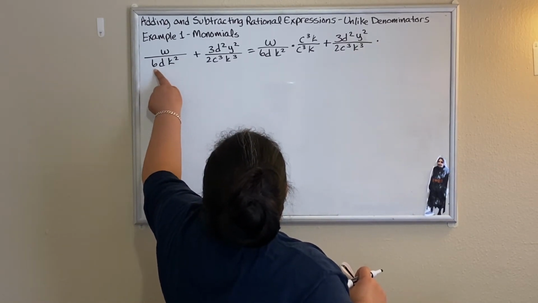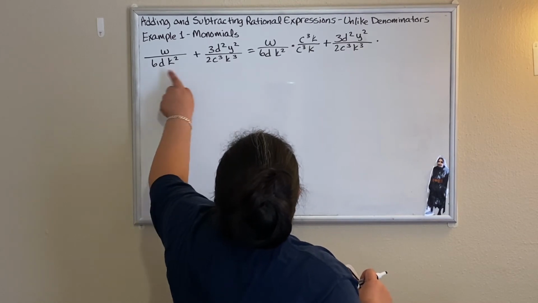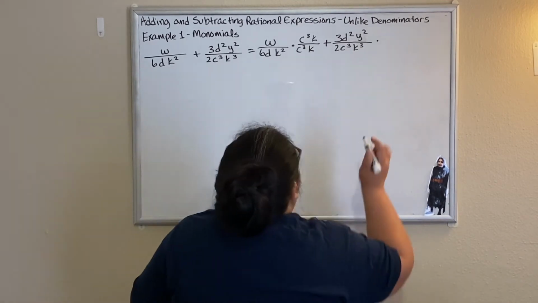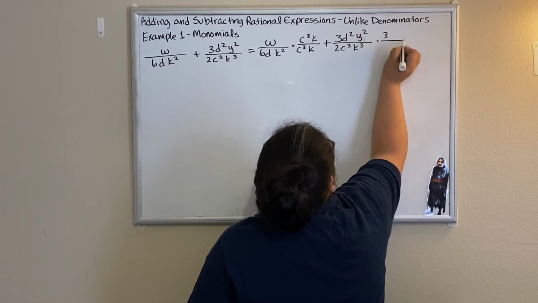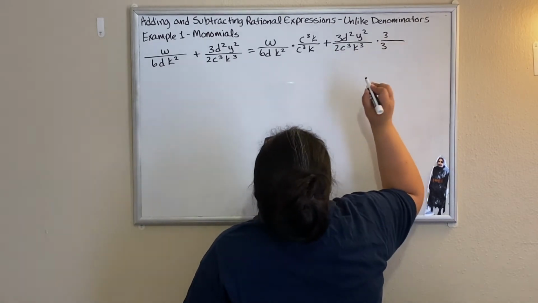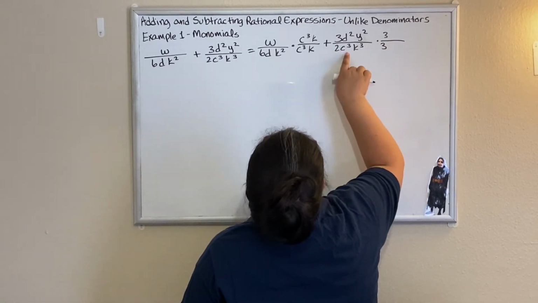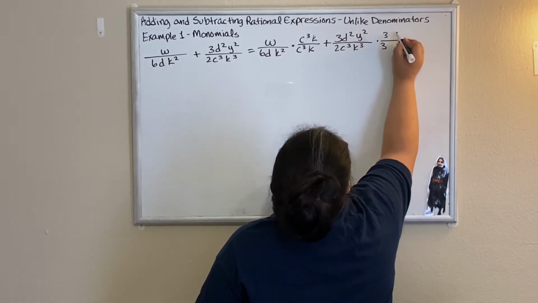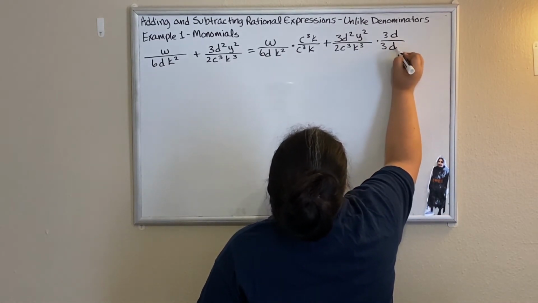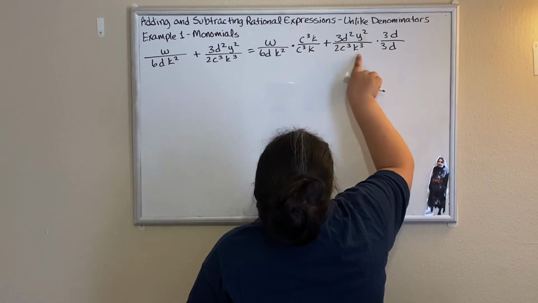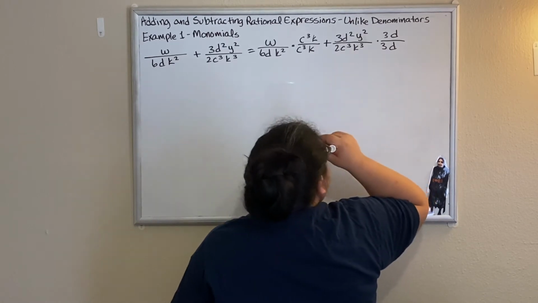And here we have 6, here we have 2. I need a 6, so we're going to multiply by 3 in the numerator and in the denominator. And it looks like we're missing the d. So we're going to multiply by d. And it looks like that's the only thing else that's missing.